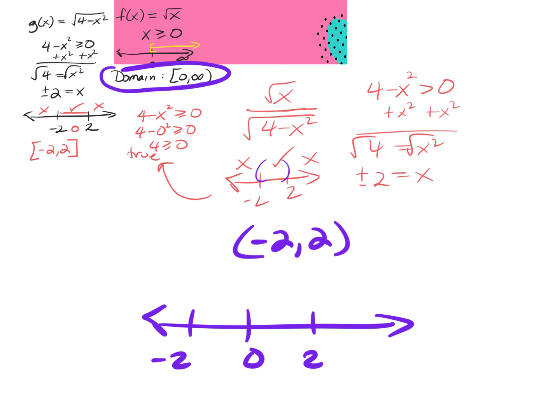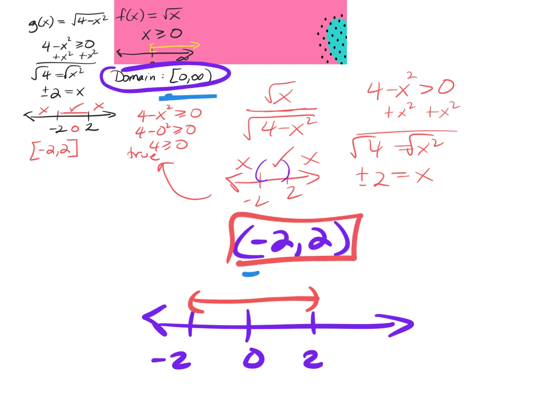So we can already see that this one is here, that's this one, and then this one is going to be a bracket here going to infinity. Now, when we want to find the final domain of the combined function, I want to know where the intersection is, where I see both red and blue. So my domain is actually going to be where I see both of these.